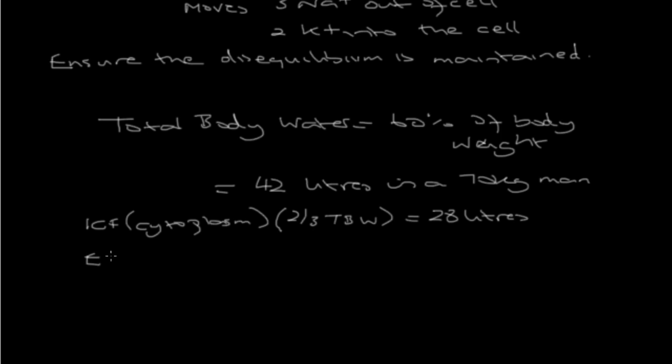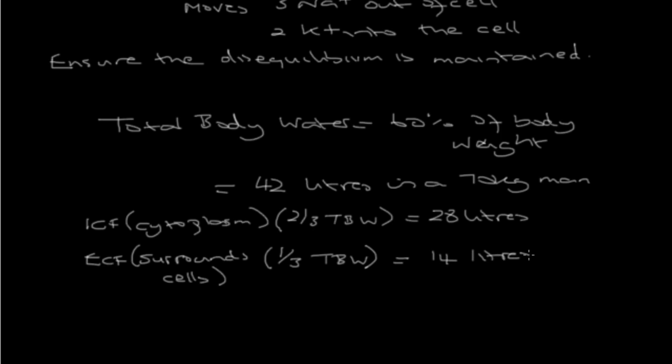The extracellular fluid, that which surrounds the cells, and we know that that is 1/3 total body water, is going to be equal to about 14 litres in a 70 kilo man.